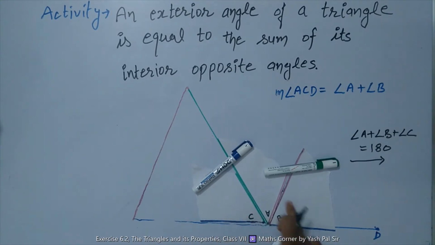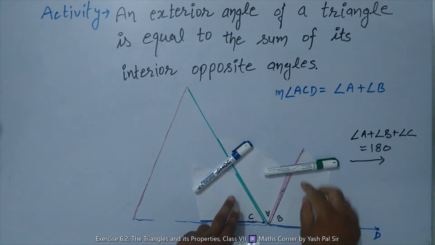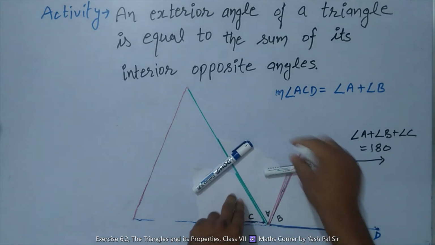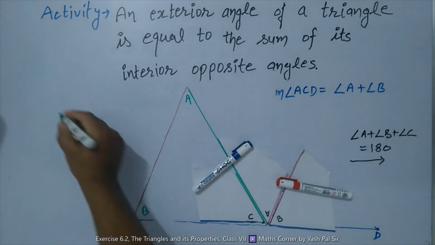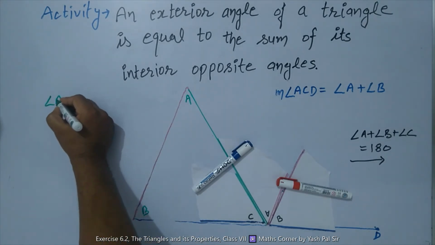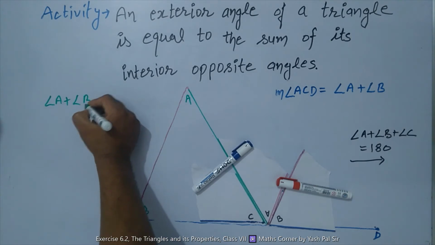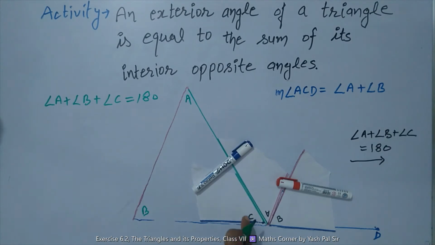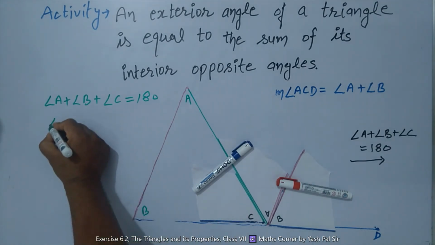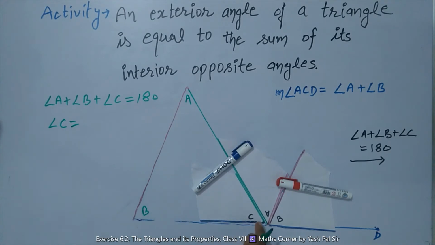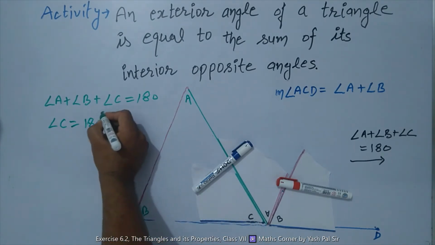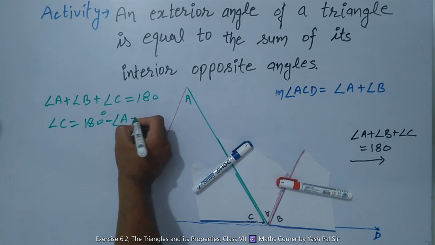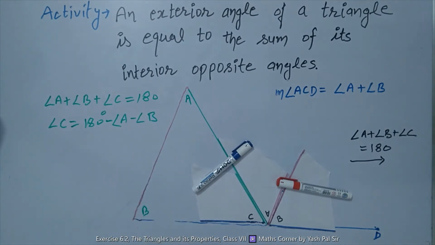Now we know that the sum of all three angles of a triangle, A plus B plus C, is also equal to 180 degree. So what is angle C? Angle C is equal to 180 degree minus angle A minus angle B, right?